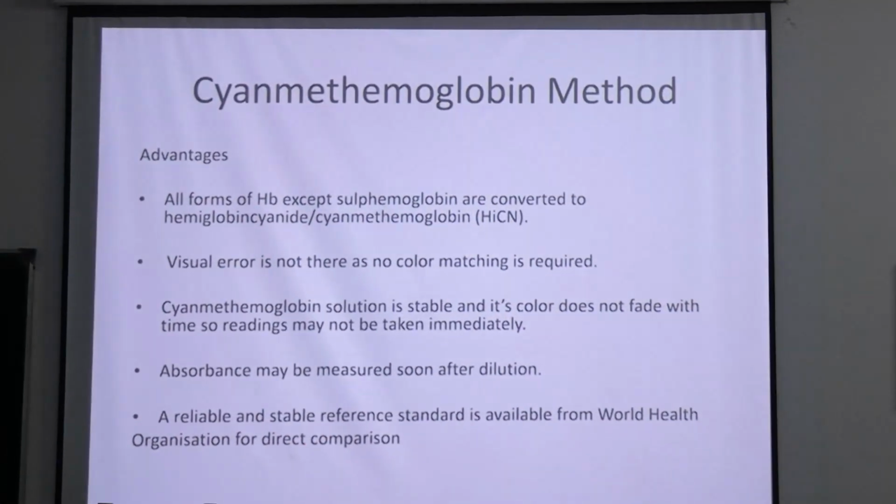All forms of hemoglobin are converted to cyanmethemoglobin except sulfhemoglobin. Visual errors are not there as there is no color matching. If you can't take the reading immediately, you can wait, and absorbance may be measured soon after dilution. You don't have to wait for much time, and it is reliable and stable, and is available from the World Health Organization for direct comparison.